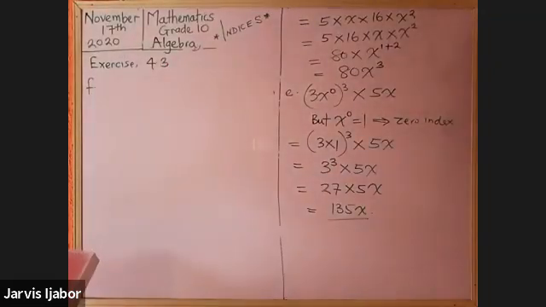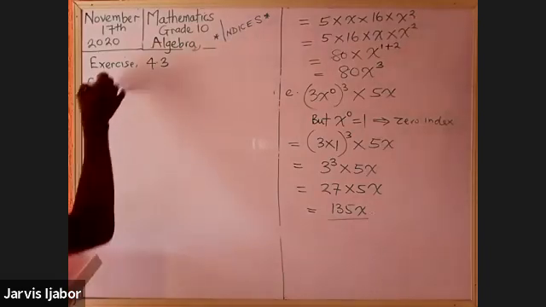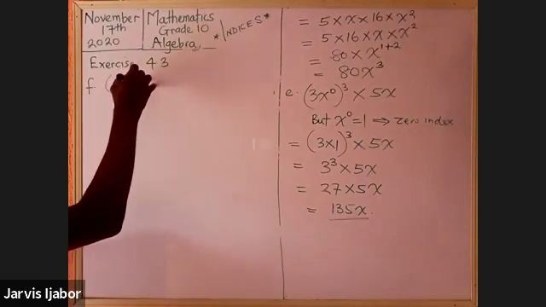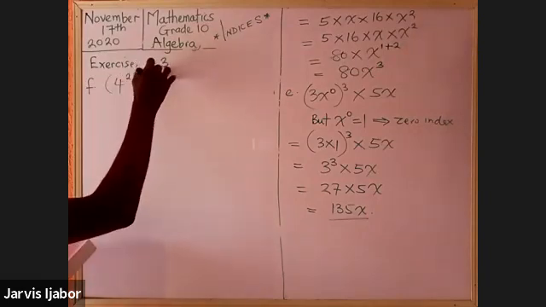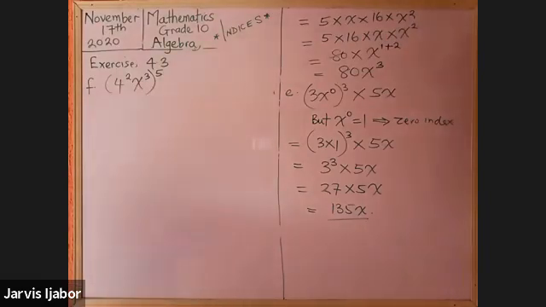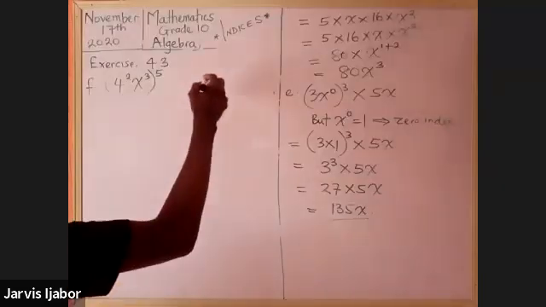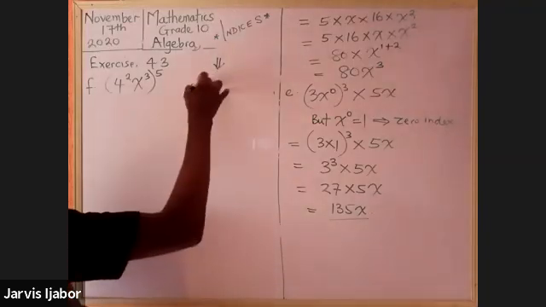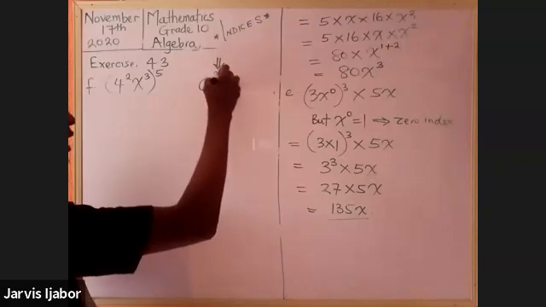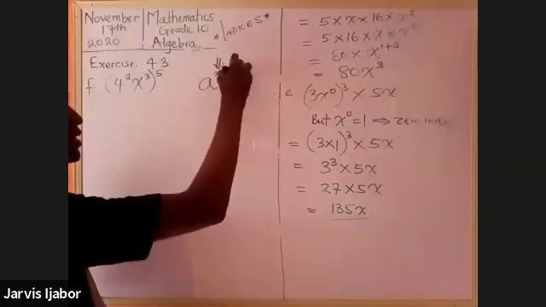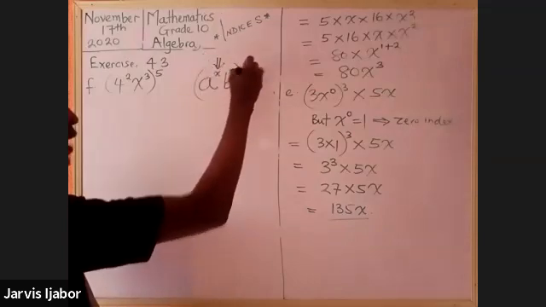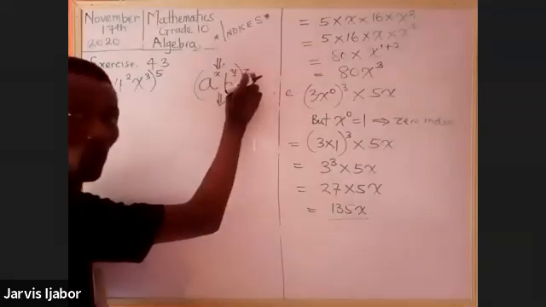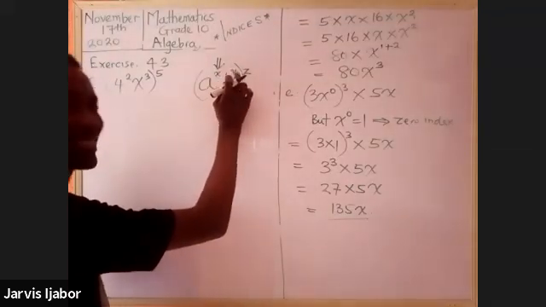In question F, we have 4 raised to the power of 2, x raised to the power of 3, all raised to the power of 5. Now, take note of this. Maybe by this point, let me do a little bit of observation here. If I have A to a certain power and I have B to a certain power, and all of them are to another power, the implication is that this power outside would affect this and will affect this.